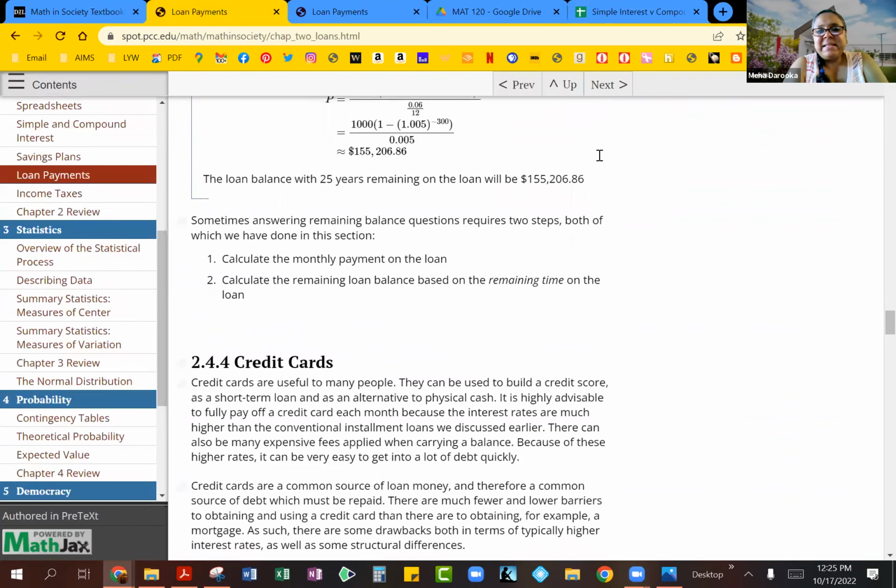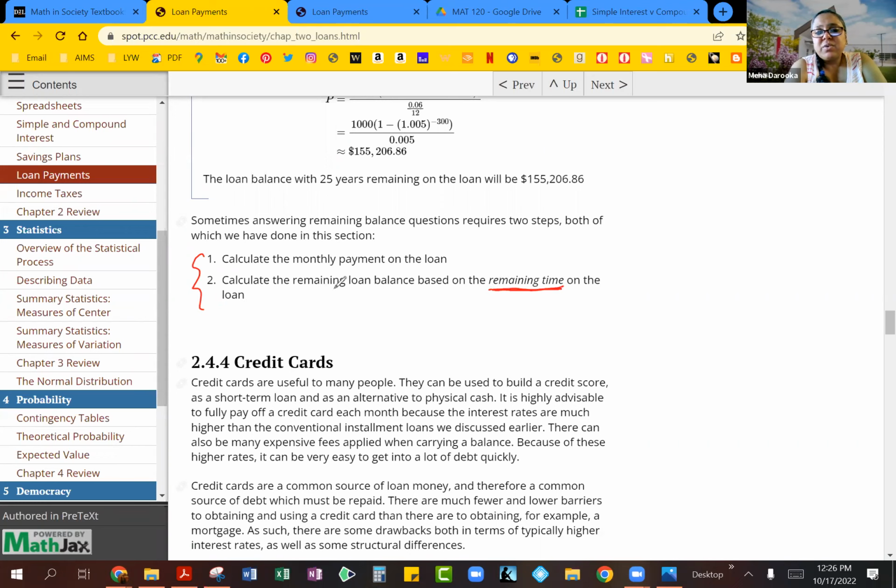Okay, so basically they are saying these are the 2 steps involved in when you're trying to figure out what your remaining balance is. Calculate your monthly payment on the loan, and then based on how much time you have left, so based on the remaining time, calculate your present value.